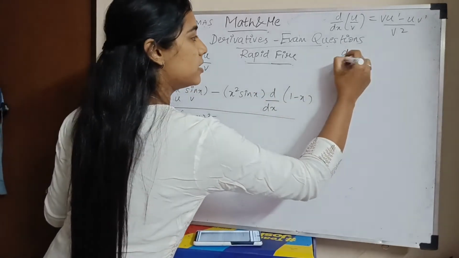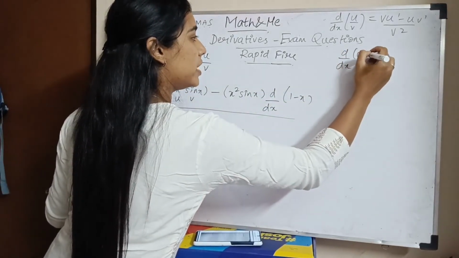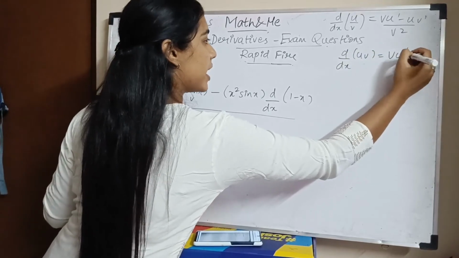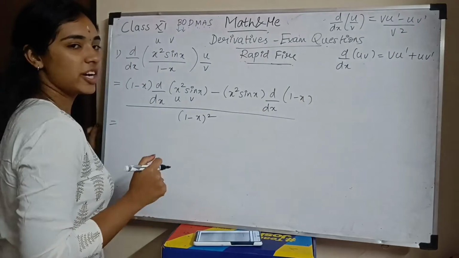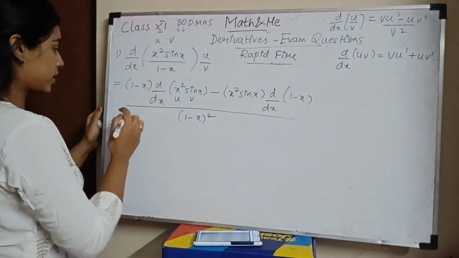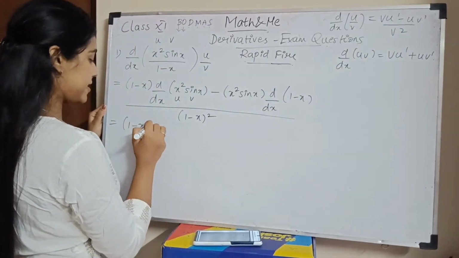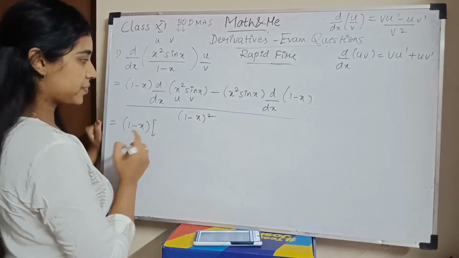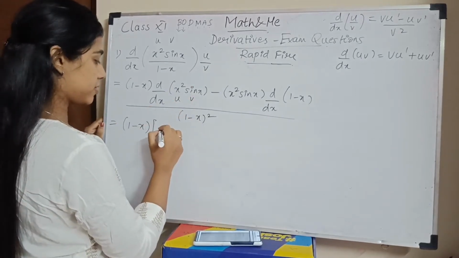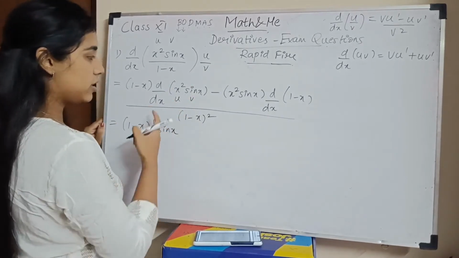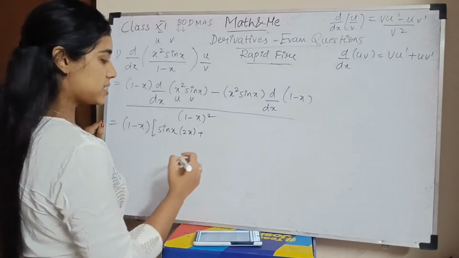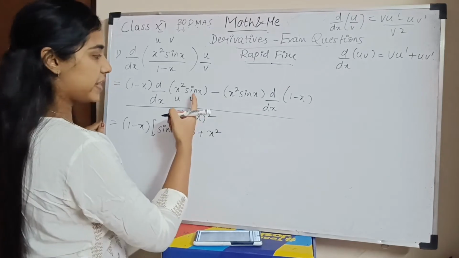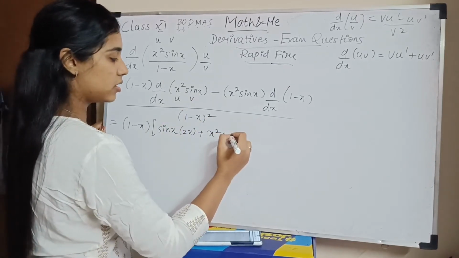Now here you have a product u v. What is the formula? d by dx of u v is v u dash plus u v dash. So what do you have? 1 minus x times v u dash, derivative of x square is 2x, plus u v dash, sin x derivative is cos x.